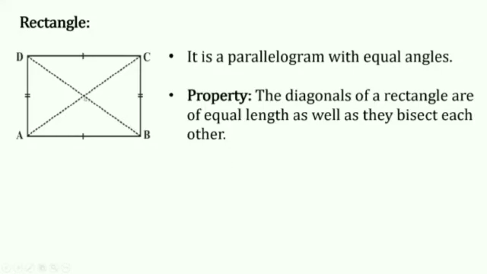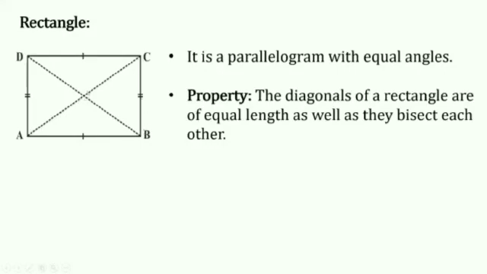That means if the point of intersection is O over here, then AO is equal to OC and BO is equal to OD. If we are guessing that AC is equal to 5 centimeters, then AO will be 2.5 and OC will be 2.5.